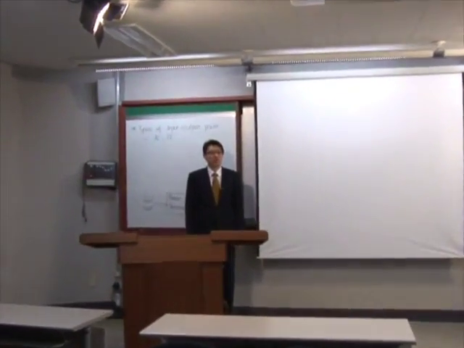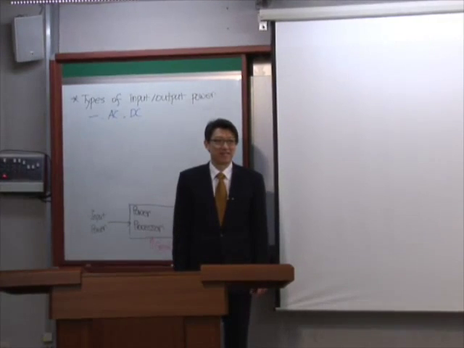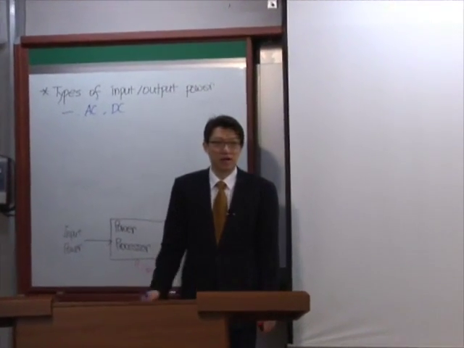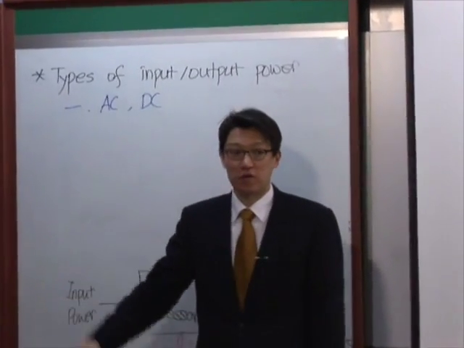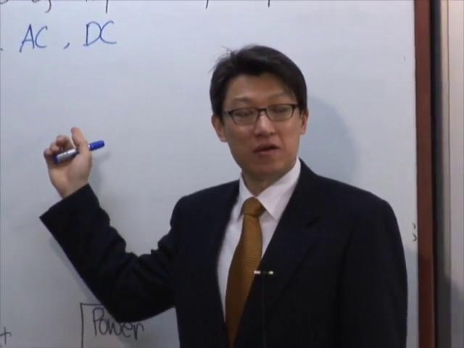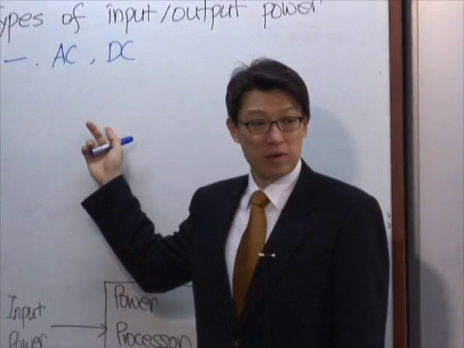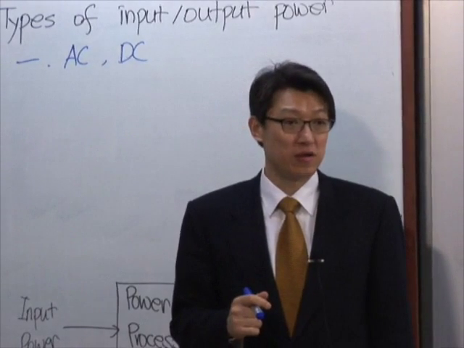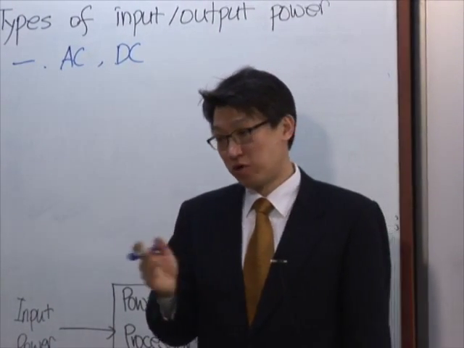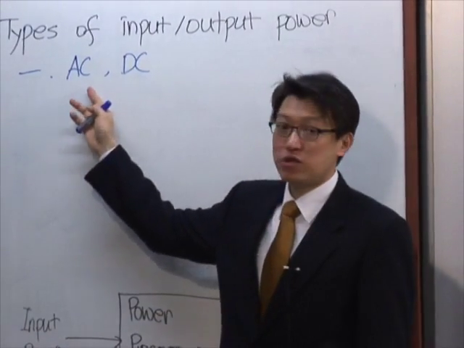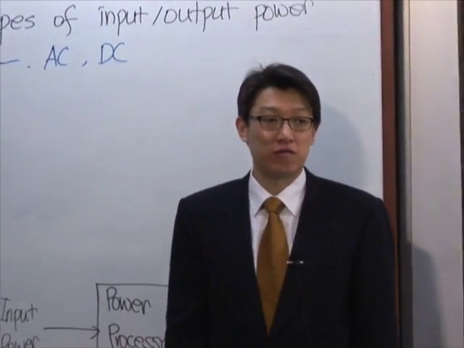Literally, A stands for what? Alternating current, and DC stands for direct current. It's weird that these two words mean only the current, but we use them to mean the voltage too. It means both current and voltage.